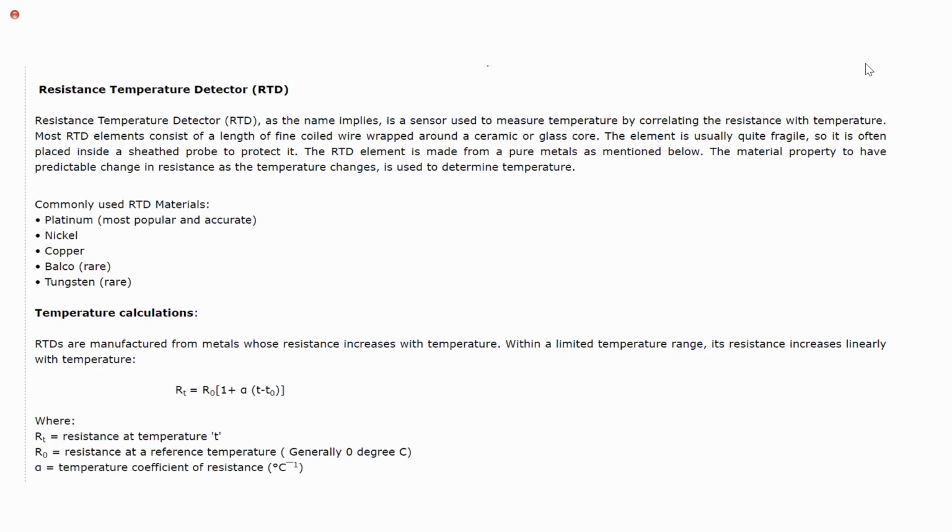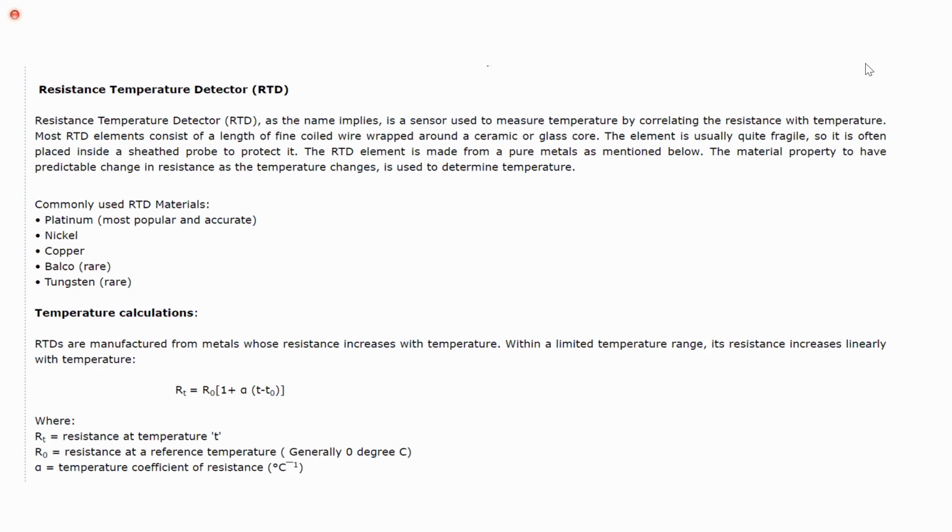Here we have different types of materials: platinum, nickel, copper, and tungsten. At higher temperatures, if you want to calculate the resistance, we have a formula: RT is equal to R naught into alpha into T minus T naught, where RT is the resistance at a given temperature and R naught is the resistance of the RTD at 0 degrees Celsius.